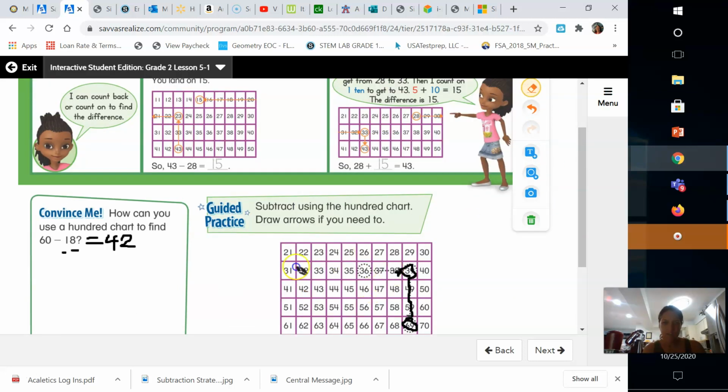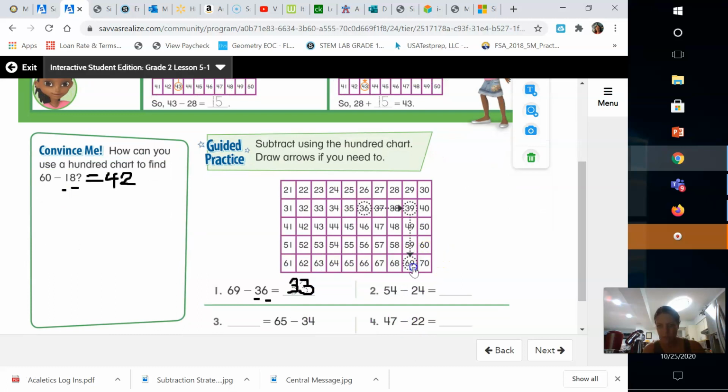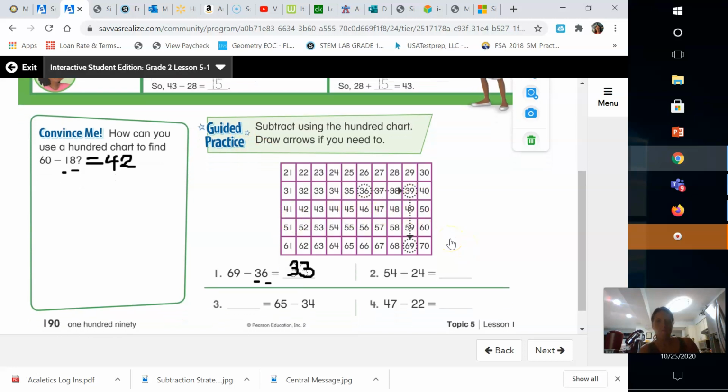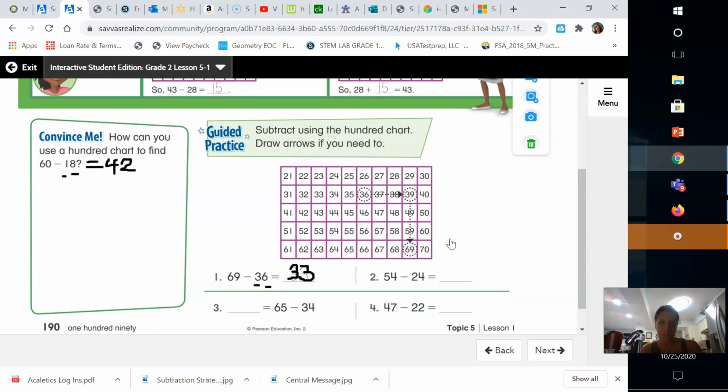Now, since they didn't give you a hundreds chart to really use, you're going to have to use this one for all your problems. So you might want to erase it in between so you don't get confused. Kids in my room, I think there's a hundreds chart on your name tag, and if not, I will pass out hundreds charts for you to do this.